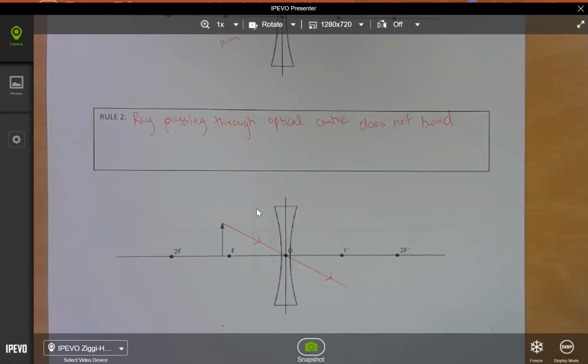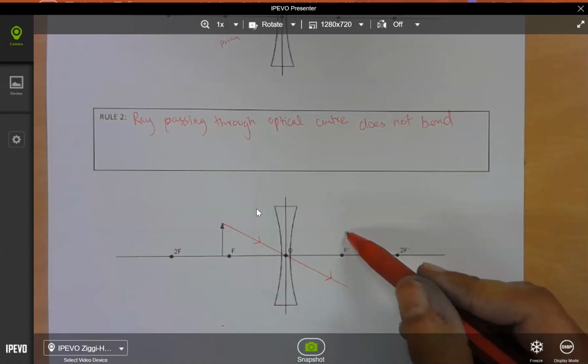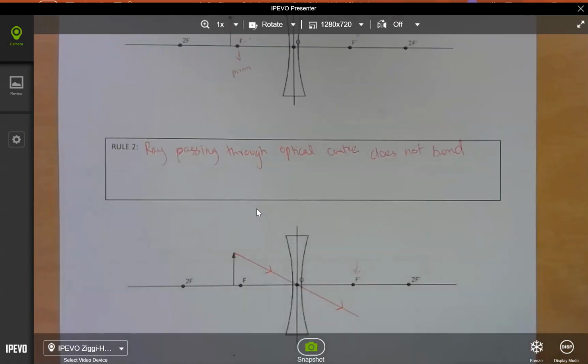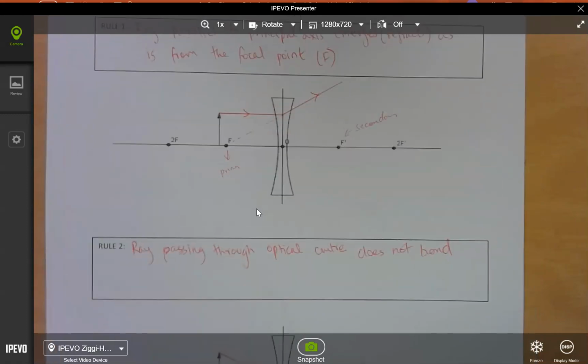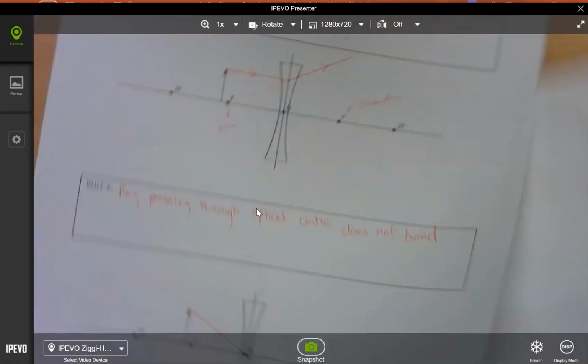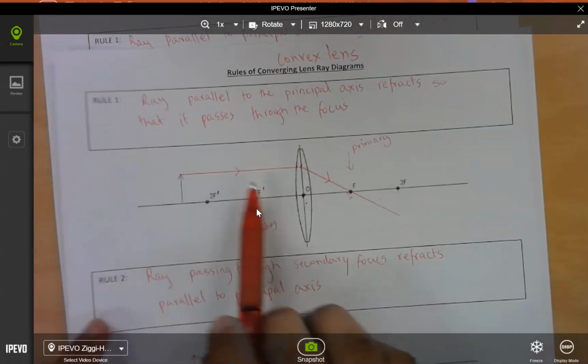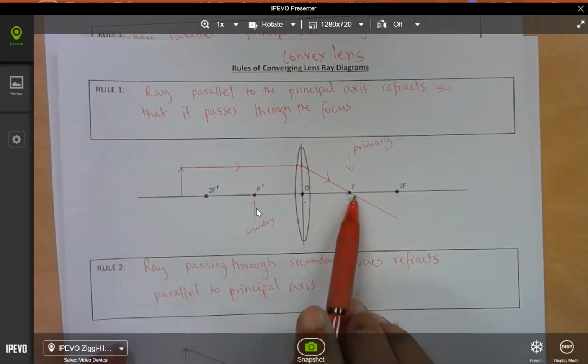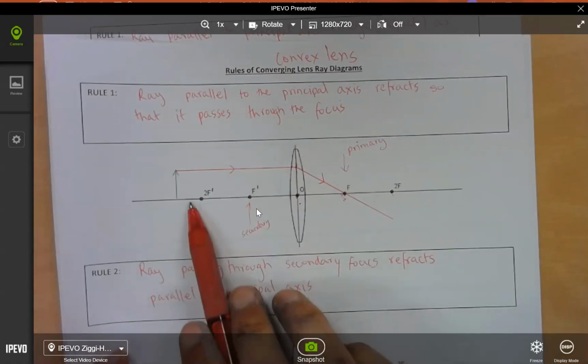Yes, for a concave, the F prime is on the other side. So the principal focus is defined as where a light comes from or goes to when it's parallel to the principal axis, right? We noted that for convex, when it was parallel to the principal axis, it went through this focal point. So this was the primary focus. The other side was secondary.